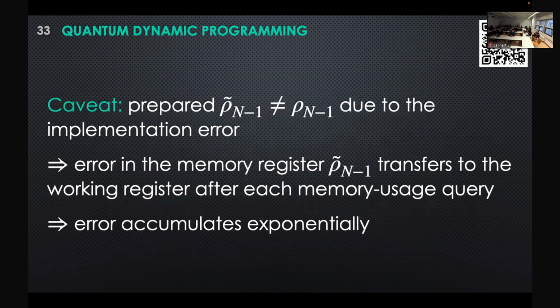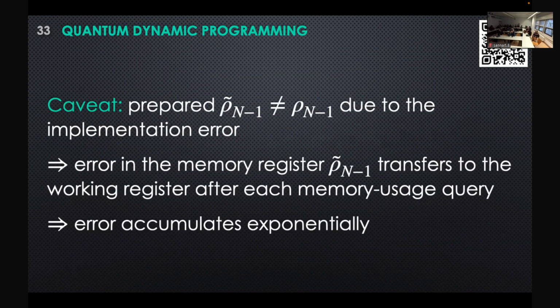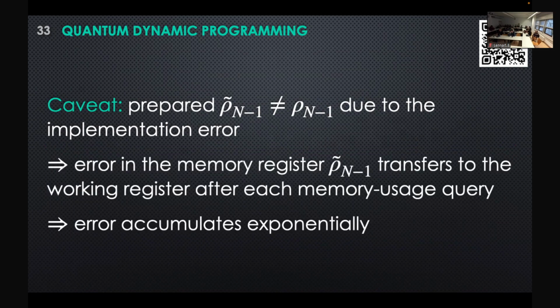There's a caveat though. If we replace the second last step by this thing, we actually end up preparing rho of n minus 1 tilde, which is different from the exact state we want, rho of n minus 1. And for the last step, we then need to use this rho of n minus 1 tilde as a memory state instead of rho of n minus 1.